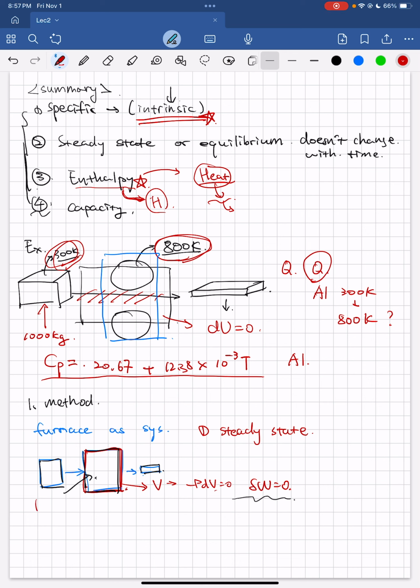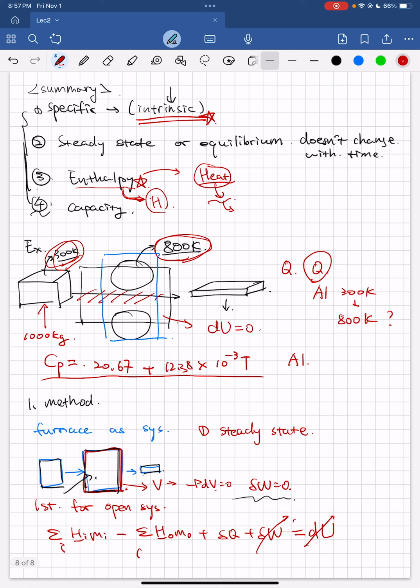Then remember the first law, right? We derived the first law for an open system, which is H in times M in minus H out times M out plus del Q plus del W equals dU, right? And this is 0, I just told you, because it's steady state.